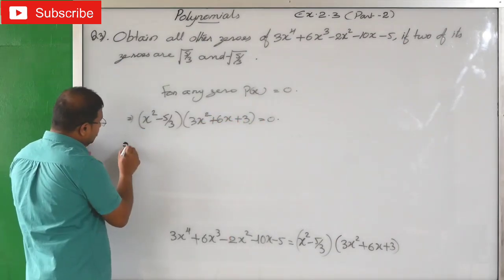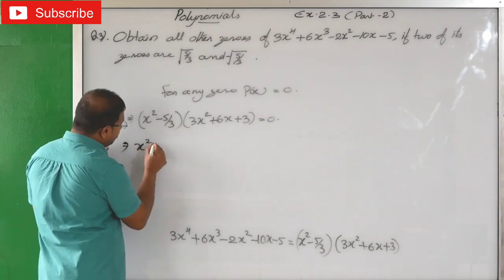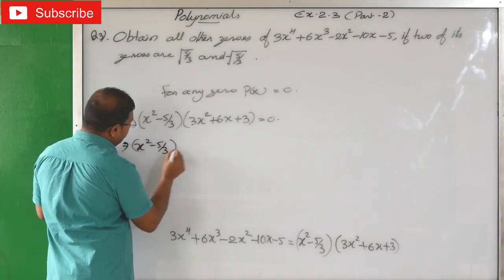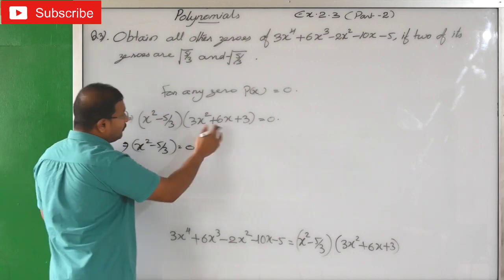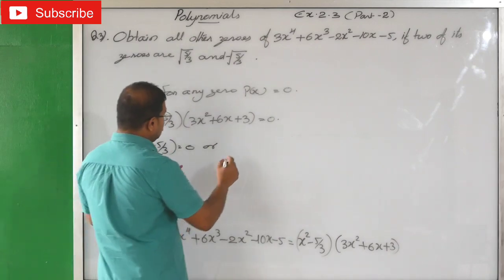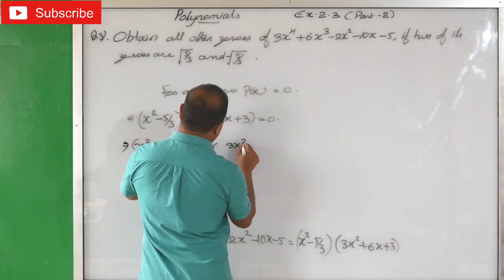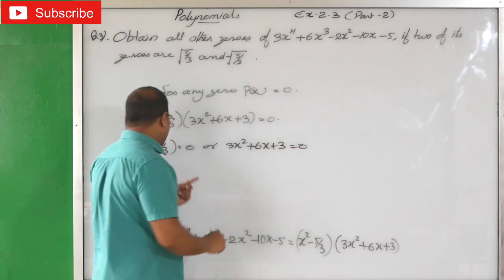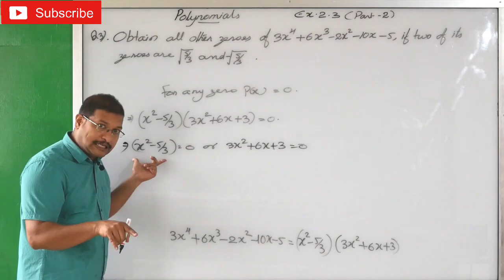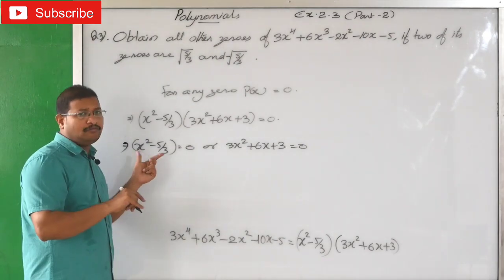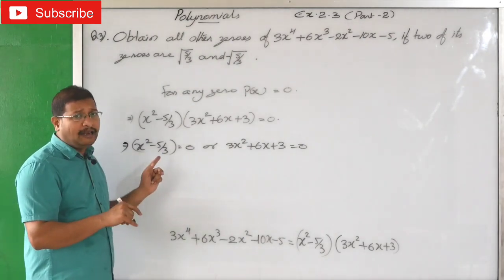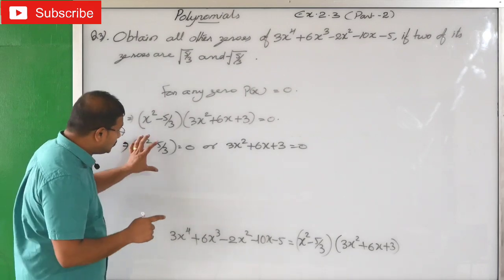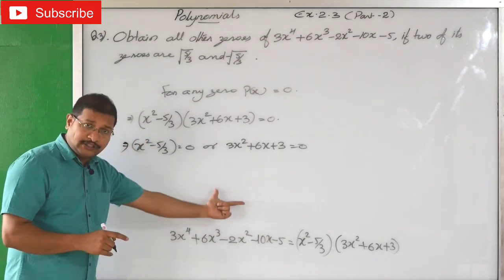This implies x square minus 5 by 3 equal to 0, or 3x square plus 6x plus 3 equal to 0, any one of these should be 0. From here we already got the zeros are root 5 by 3 and minus root 5 by 3. So this part no need to take. Let's go with this one.